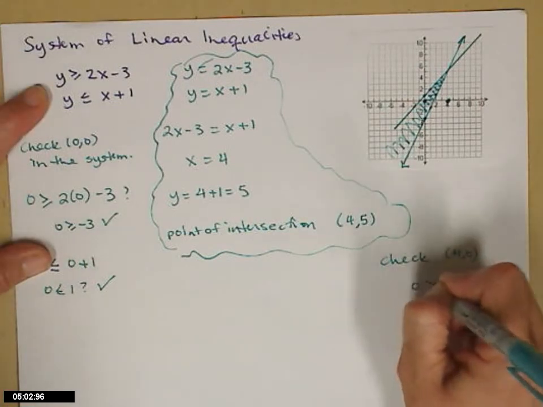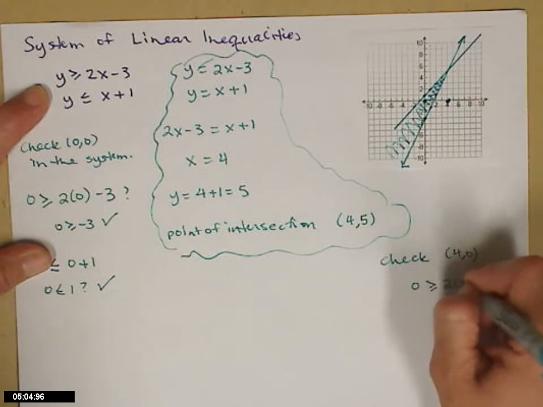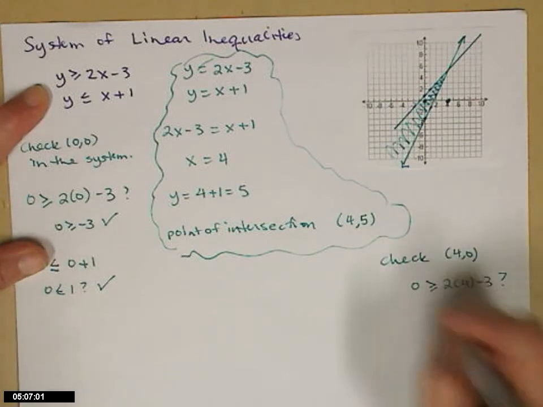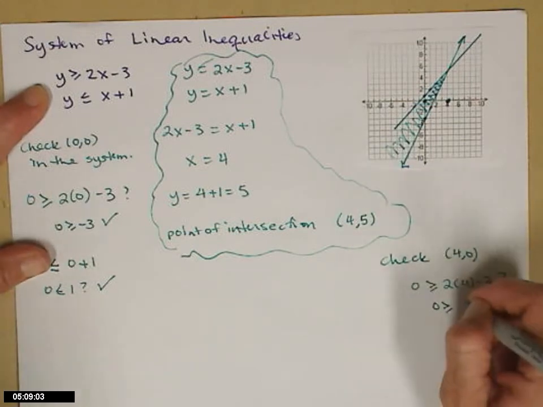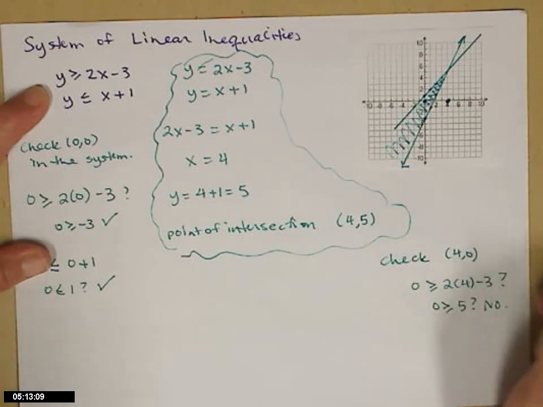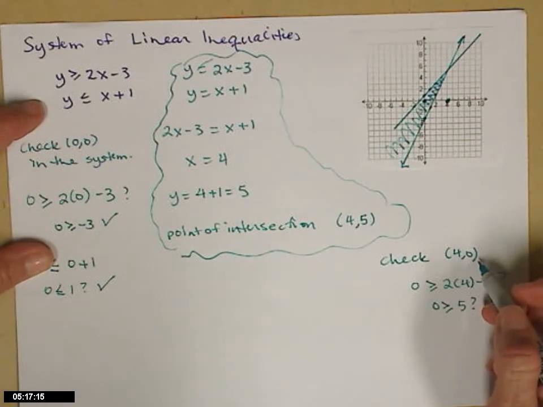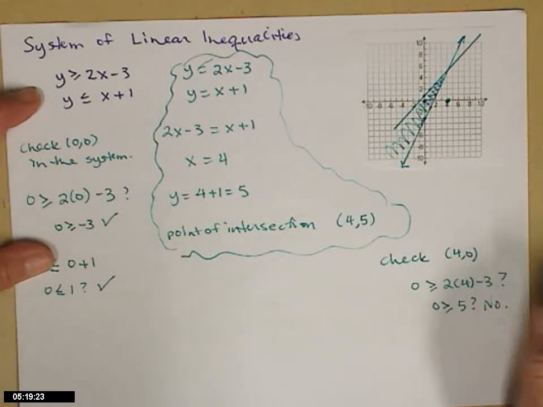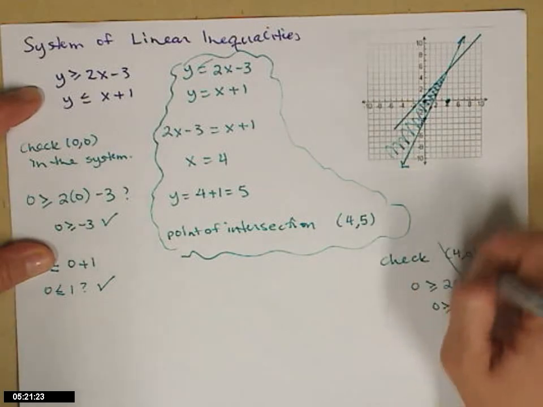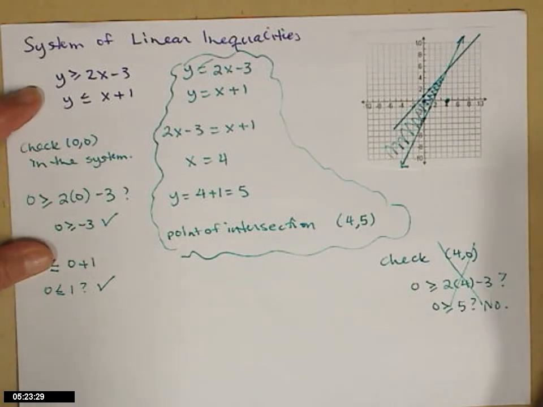Is 0 greater than or equal to 2 times 4 minus 3? Is 0 greater than or equal to, what is that, 8 minus 3, 5? No, it's not. As soon as your point doesn't work for one of them, it won't work for the system. The system has to work together. So no, that region we would not shade. And we didn't.